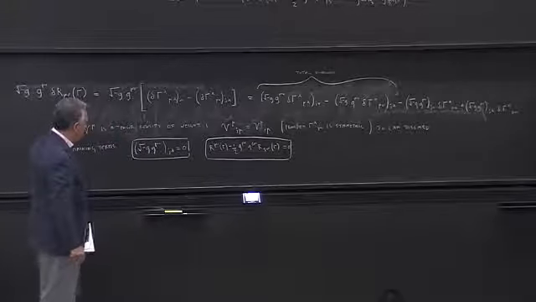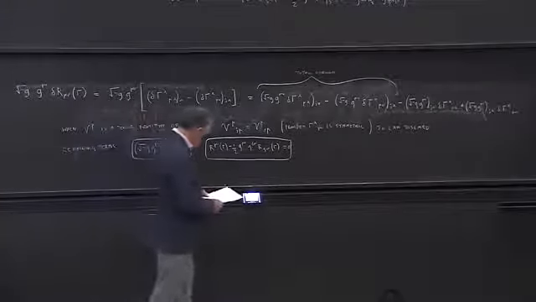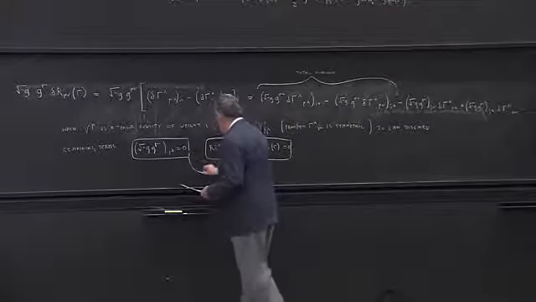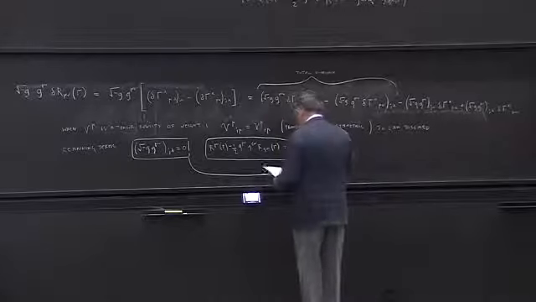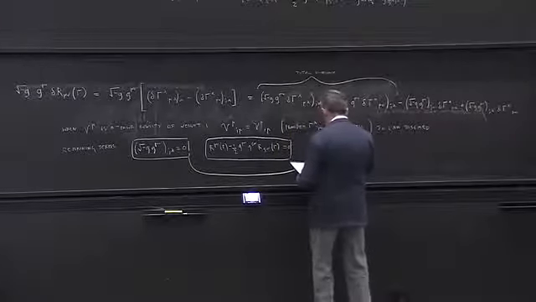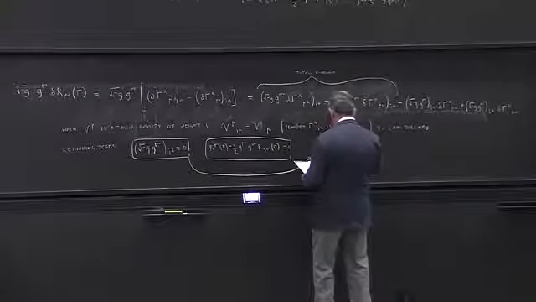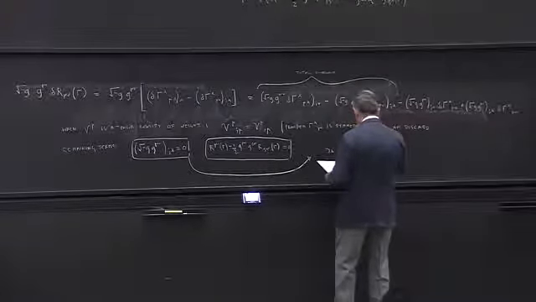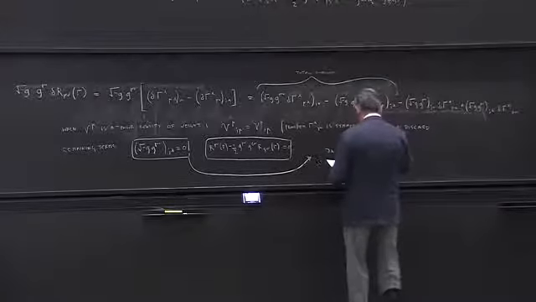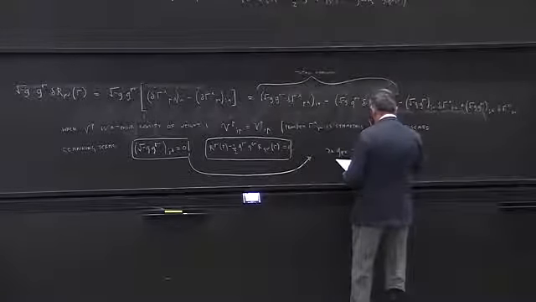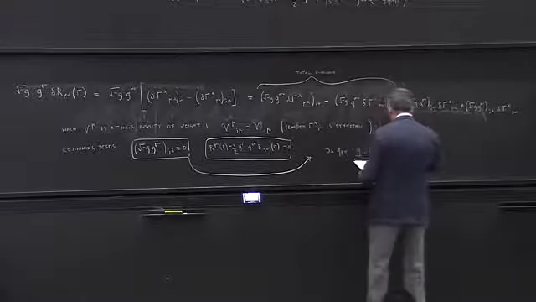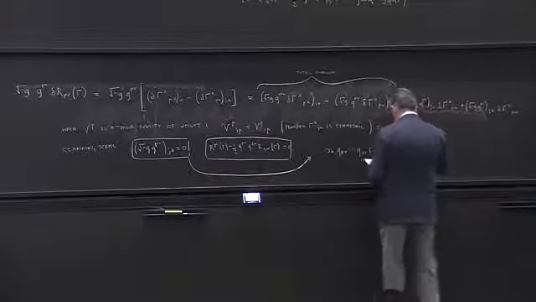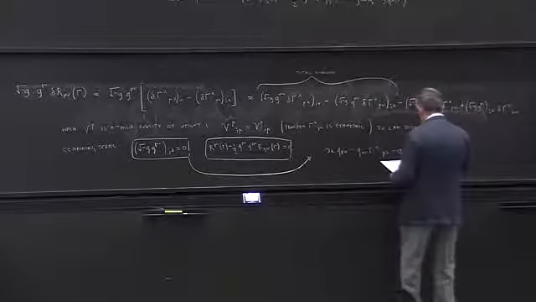So we're almost there, because this equation is equivalent to d gamma G beta gamma minus G gamma sigma beta lambda minus G beta sigma gamma lambda equals 0.